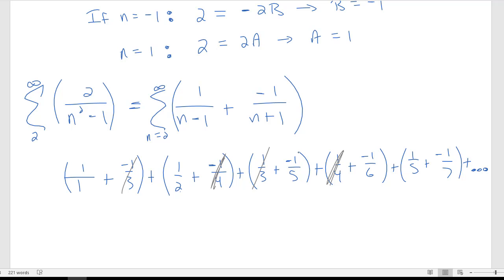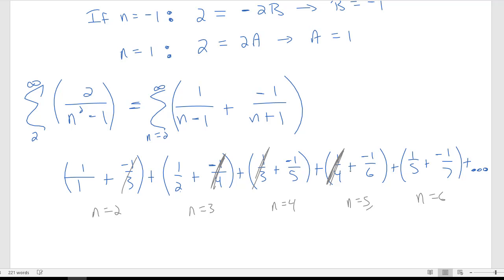And then when I look at my third term in my series, let me scribble this down. Here was n equals 2, here was n equals 3, here was n equals 4, here was n equals 5, n equals 6. Again, when I looked at the n equals 2 term, I had the last number, and then I skipped to n equals 4. That canceled with the first. Then when I looked at the n equals 3 term, the last number skipped and canceled with the first number in n equals 5.